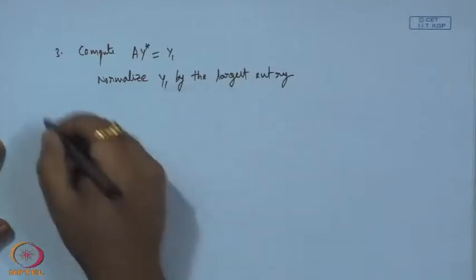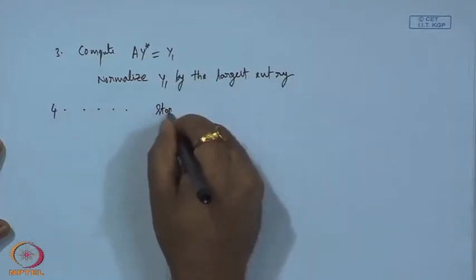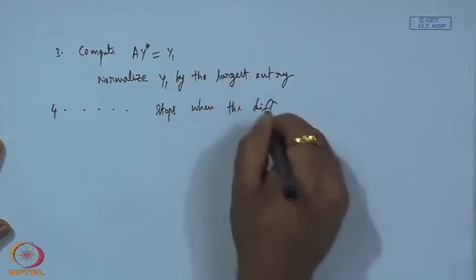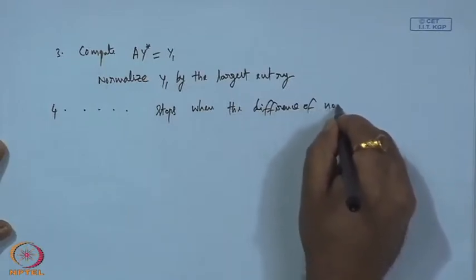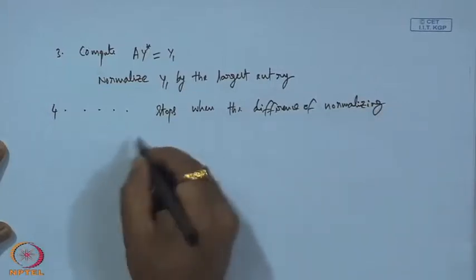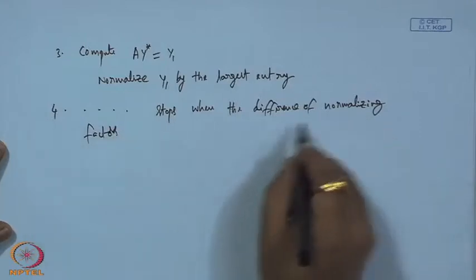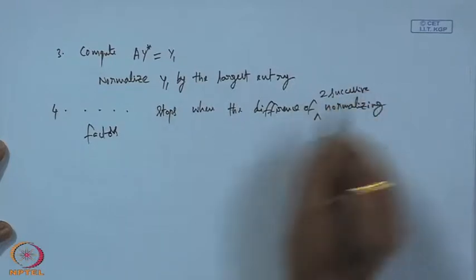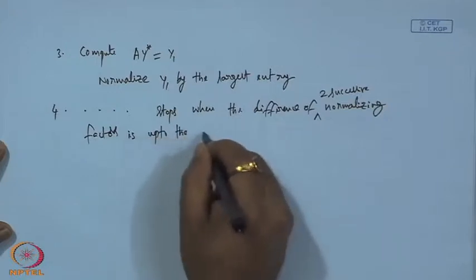This process continues and stops when the difference of two successive normalizing factors is up to the accuracy.